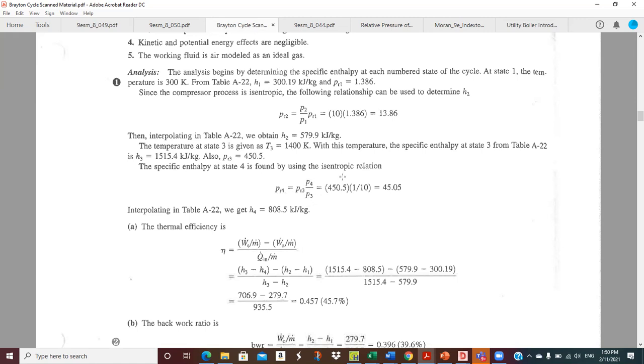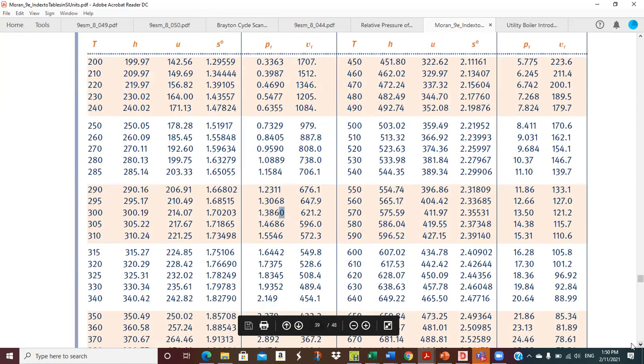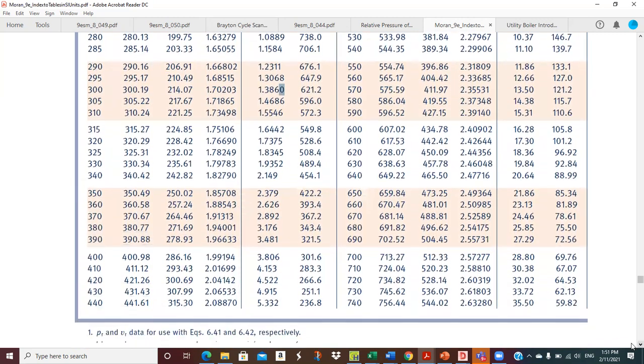The pressure ratio now is dropping, so instead of multiplying by 10, I divide by 10, and this gets me PR4 at 45.05, and then I'm back into the tables. Where's 45? On the next page.